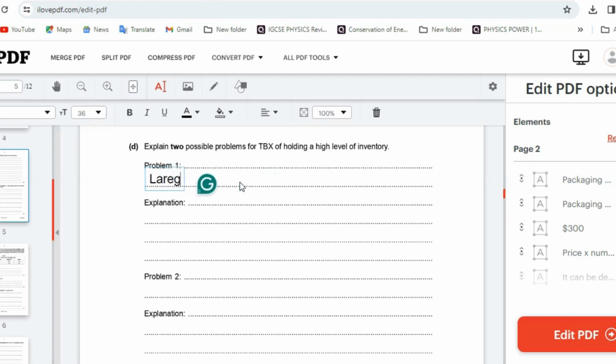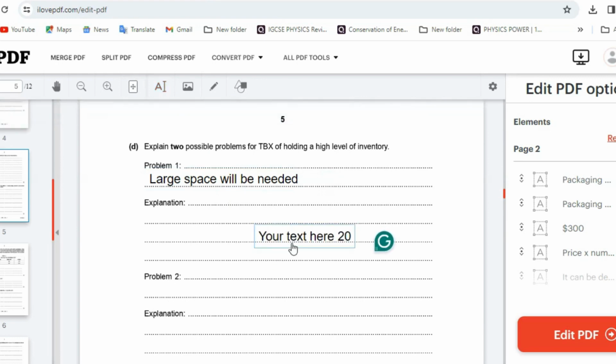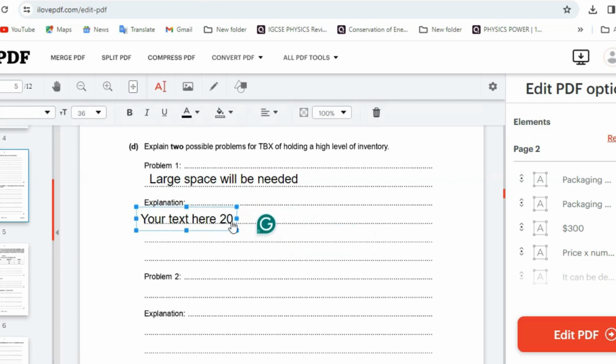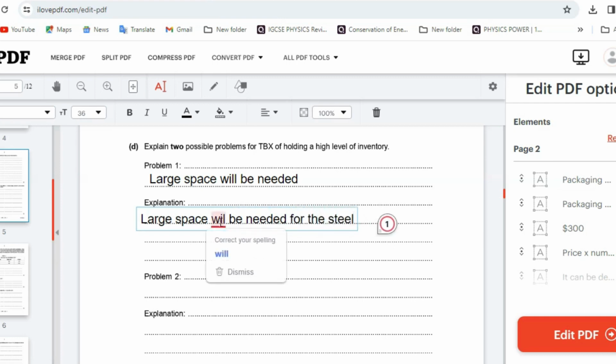Let's put our explanation and at the same time the application of the stock: large space will be needed for the stock.